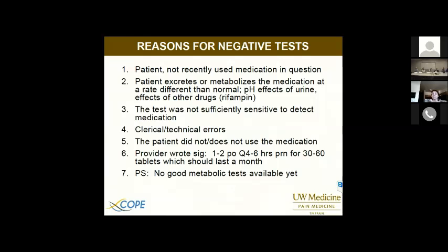Now, we hear patients saying, well, I'm a high metabolizer, a low metabolizer, and I'm seeing some test results coming back from labs where they will document that the patient's a high or low metabolizer. When I talk to our lab medicine people or any other academic lab medicine person, they say that is very difficult information to interpret because many things go into excretion and metabolism.